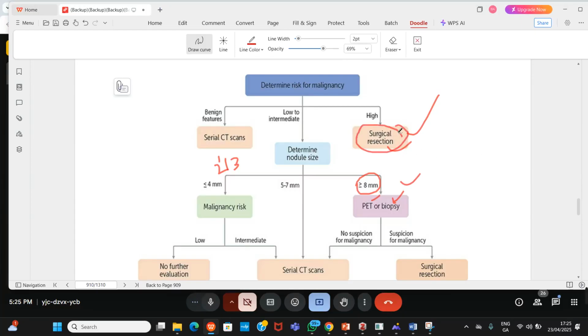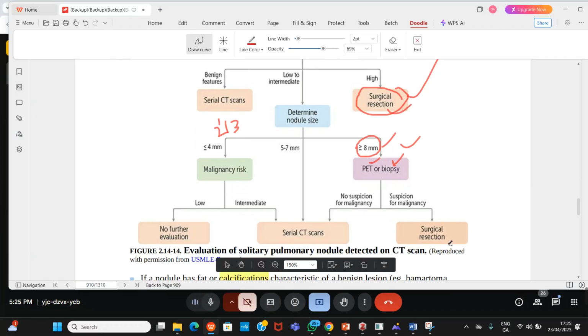If it's under low risk, I can just do serial CT scans for 2 to 3 years and I stop. That's all. If the person has intermediate, then the best next step is now to stratify according to the size.